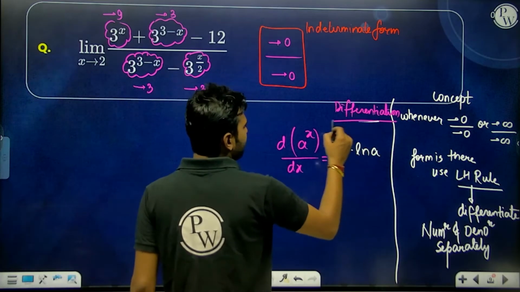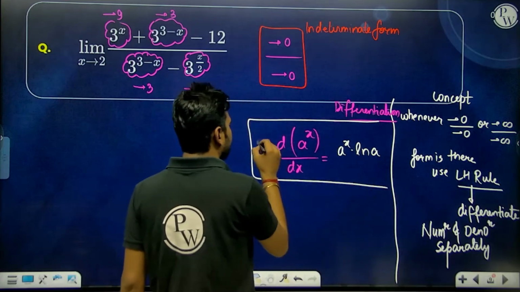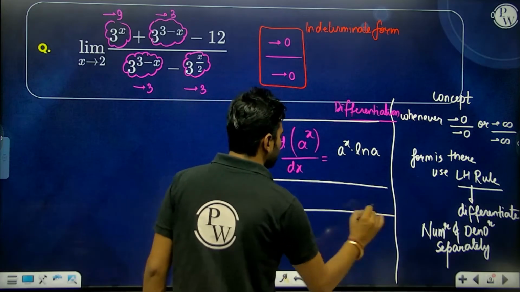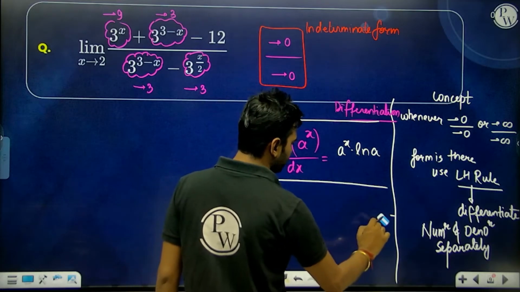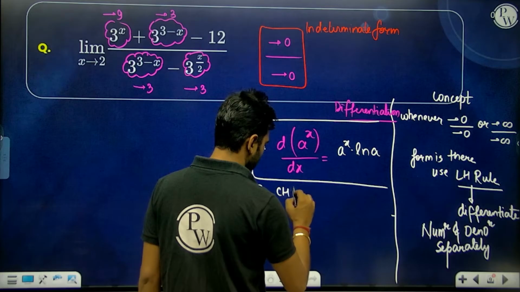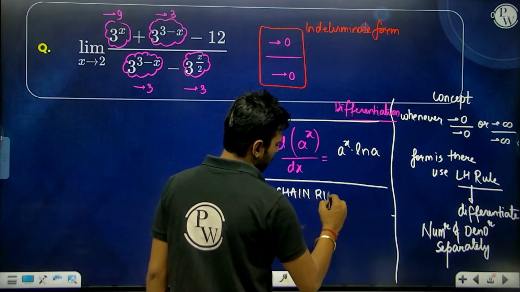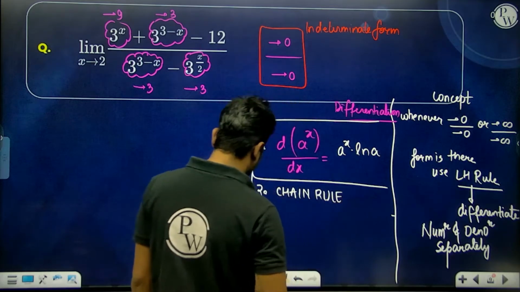The next thing is the chain rule. Chain rule is quite an easy thing.